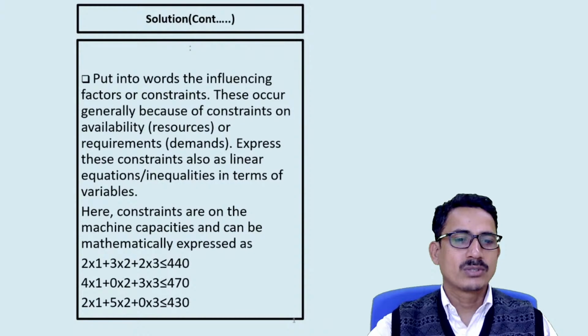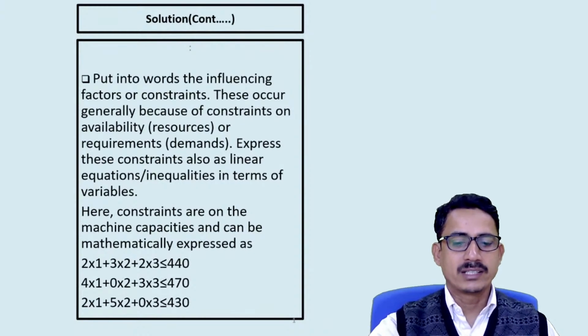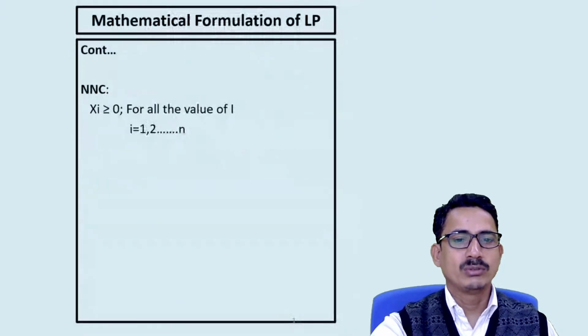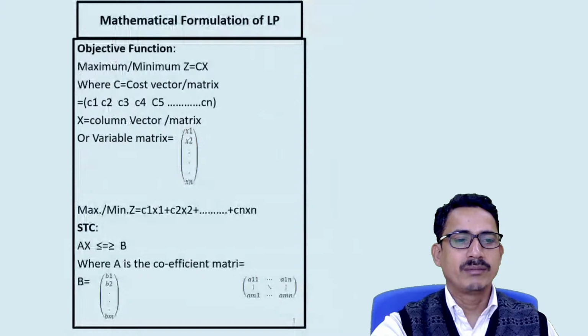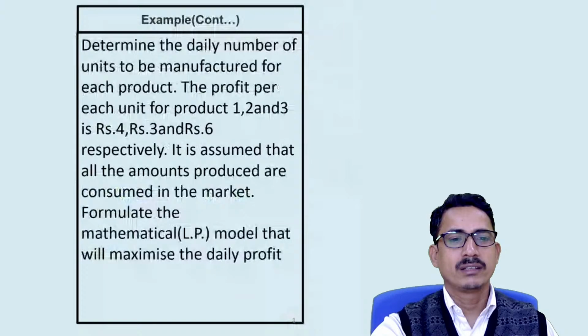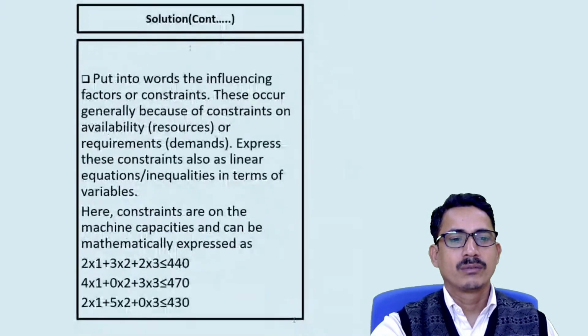What is the B matrix? 440, 470, 430. The right hand side 3 values are there. B1 to Bm, see the last line, but here it will be B1, B2, B3. B1 means the right hand side values. So it is 440, 470, 430.